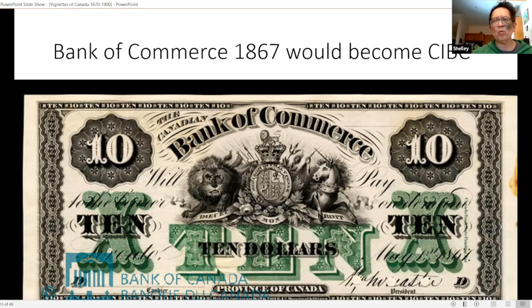Part of the reason the shin plasters, the fractional currency, were introduced in the 1870s was because of the use of American coin in Canada, because there were so many bank failures at that time. A lot of people were using U.S. silver dollars and U.S. gold coins in Canada as currency, particularly in the West, where there weren't a lot of banks, period.